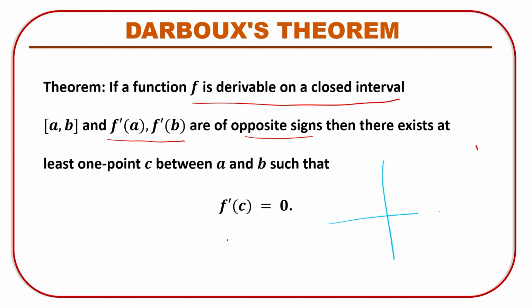So, say you have some function like this and here we have a and here b. The slope line here is something like this, and that means the slope is positive here.